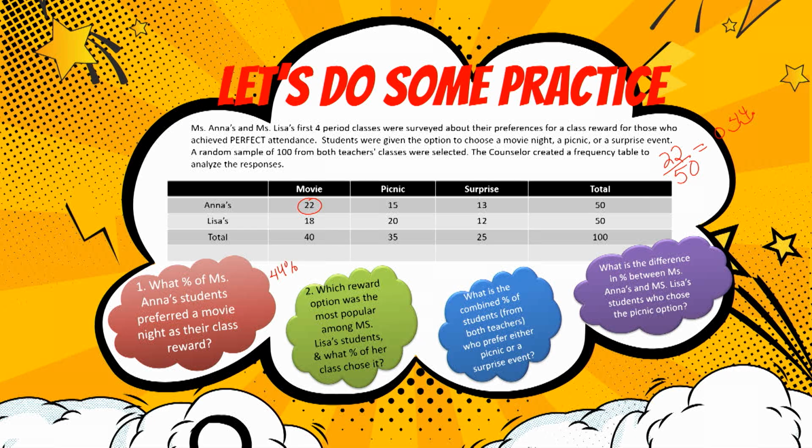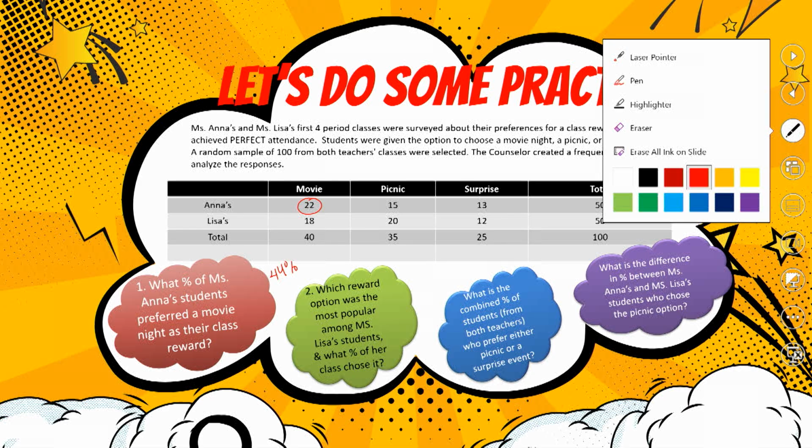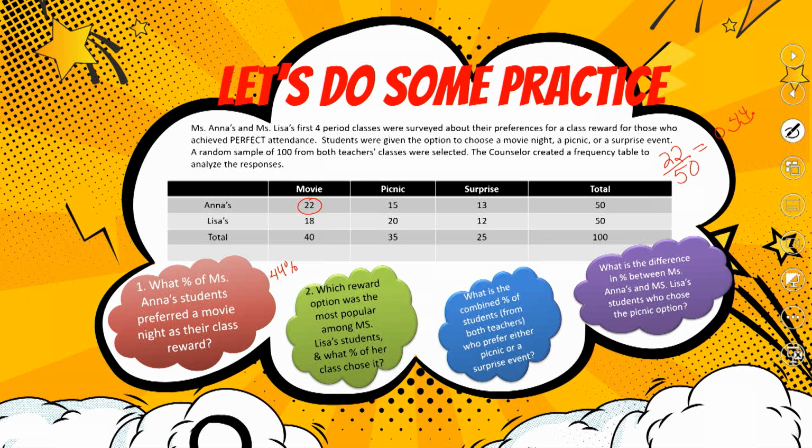So now let's look at number 2. Which reward option was the most popular among Miss Lisa's students and what percent of her class chose it? All right, so let's get a different color so we can see Miss Lisa. I have 18, 20, and 12. Obviously, it's the picnic. Then it says what percent. So I've got my 20 out of 50.